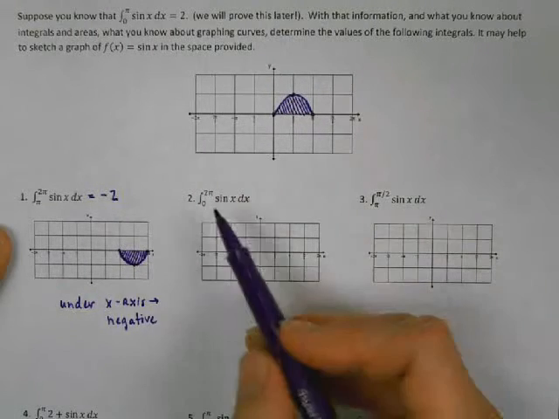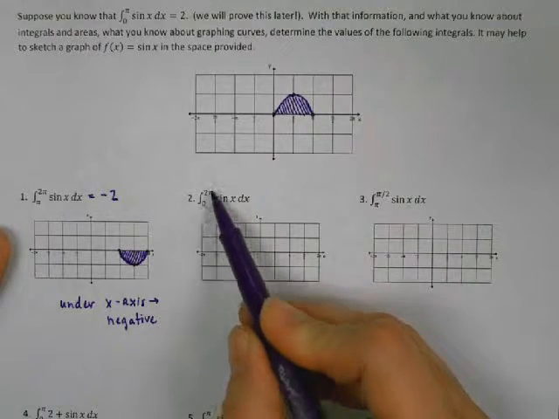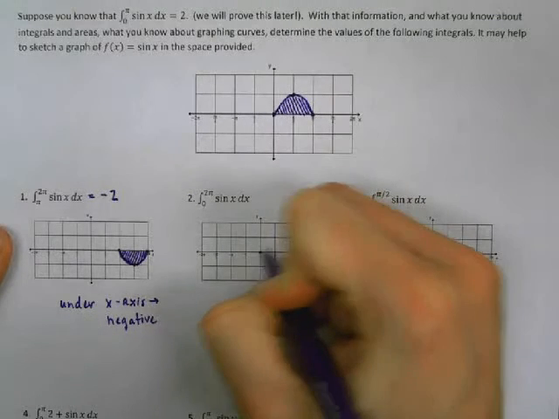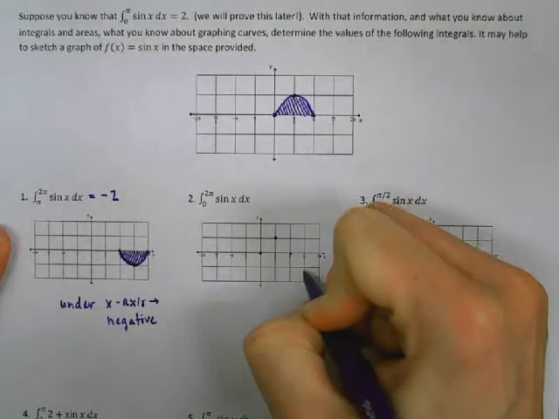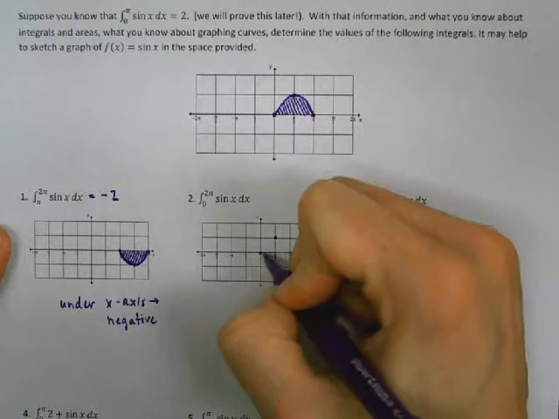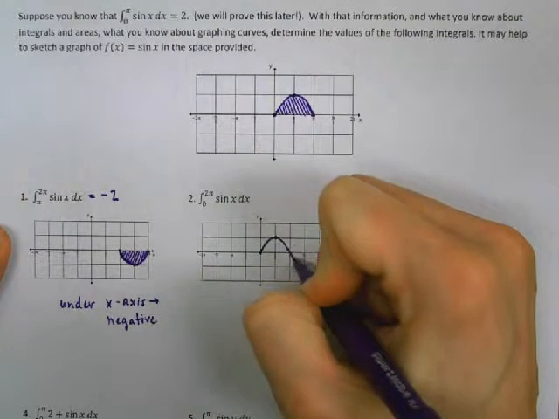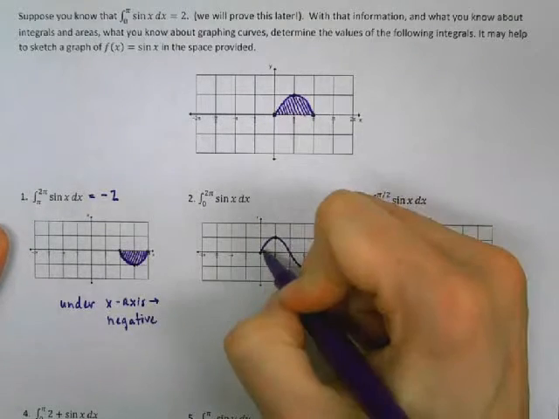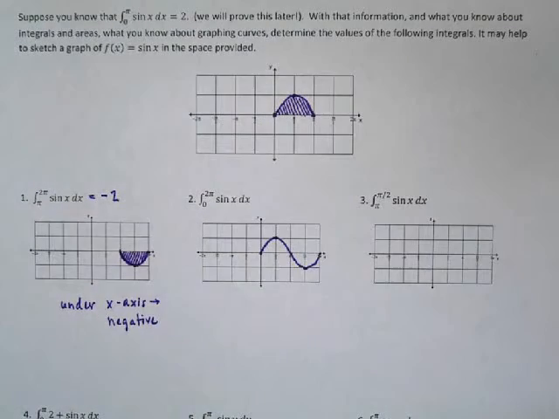Now we're going to put these two together for the next one. If I look at the integral from 0 to 2 pi now, so I'm sketching in my key points, and I'm going to put in the curve. What we notice is we have a portion of this area, and I'm going to use two different colors just to highlight this.